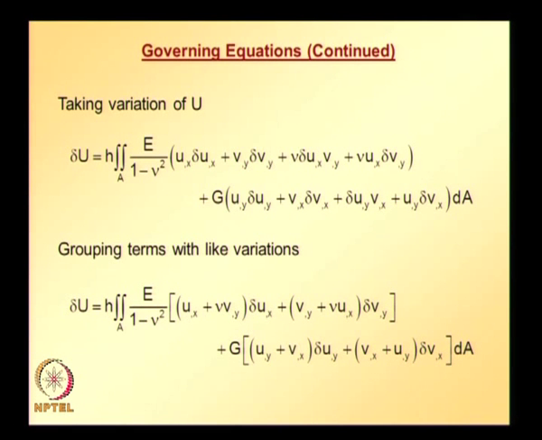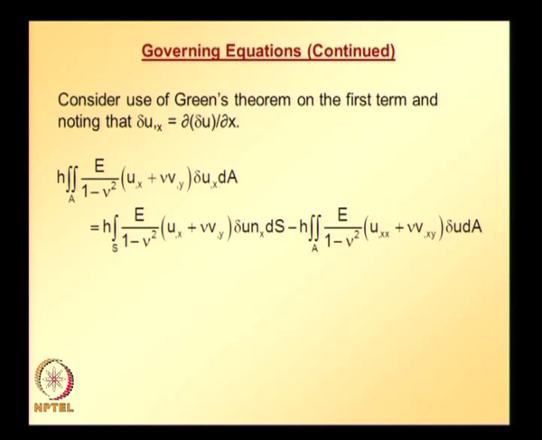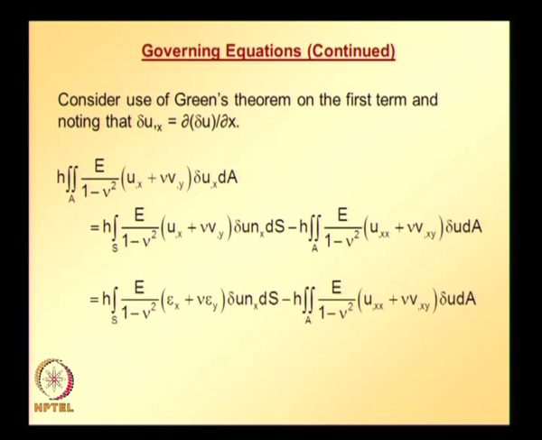Applying Green's theorem and the condition that the variational operator and differential operator are interchangeable, this equation can be written in this manner, which can further be simplified, and finally we get this one.